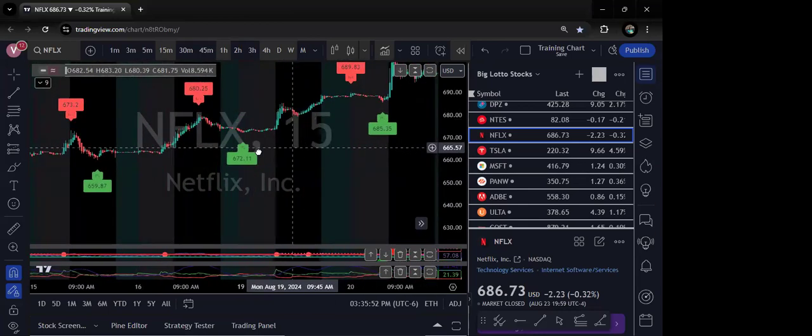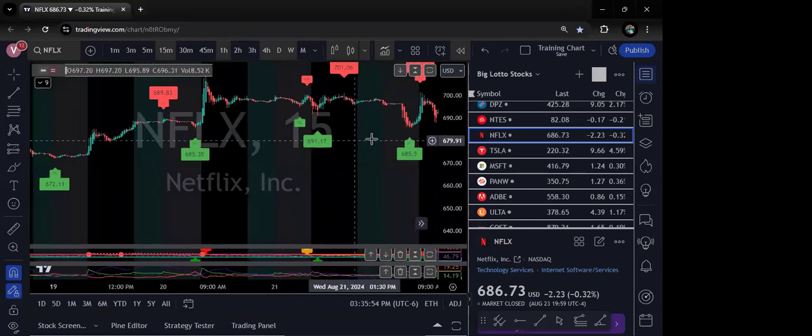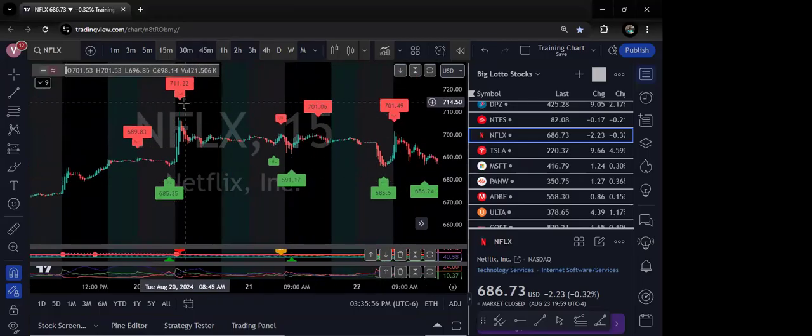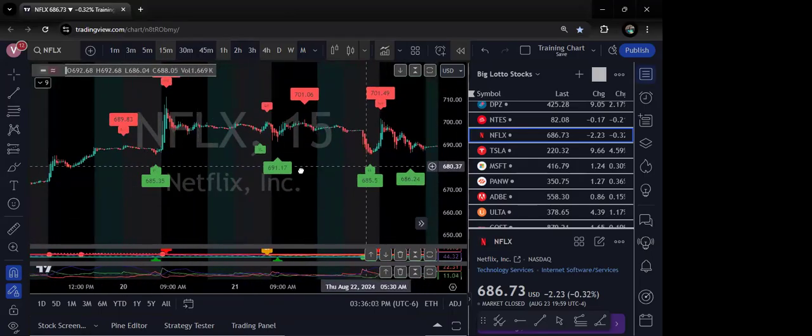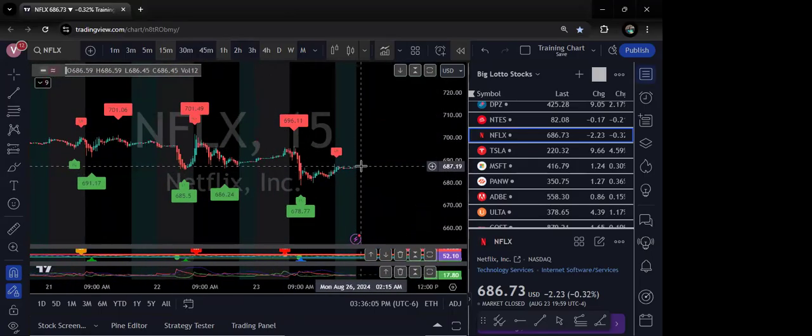What is our target? 720. Because we hit which level? 710. So we need it above which level? 680. So come here, you want Netflix above which level? 680. Above 680, you're getting calls. You're riding it up to which level? 720. You do that. Go last week.